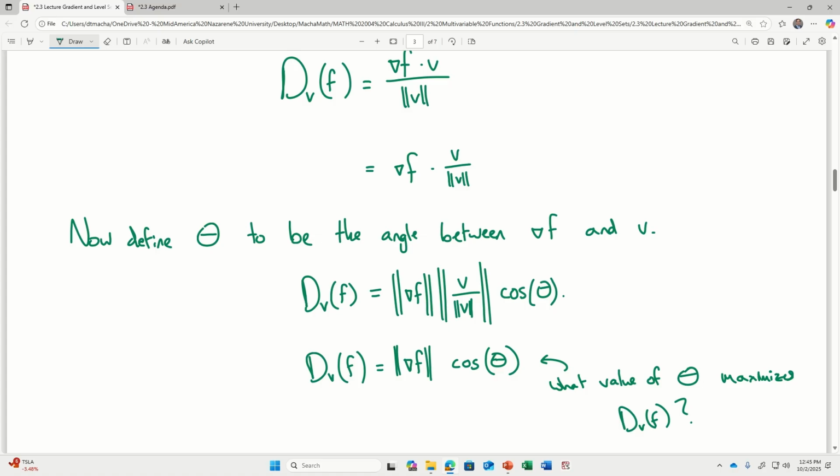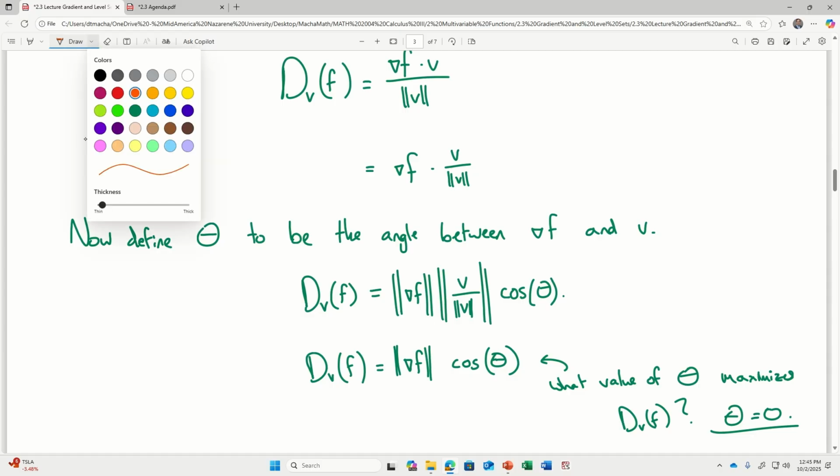Because cosine of 0 is 1, and every other value of theta is going to give me a number less than 1. 2 pi doesn't count. So the answer is theta equals 0. Theta is the angle between the gradient and the direction we choose. So if the angle between them is 0, we're talking about the direction of the gradient. That's the proof. Okay?